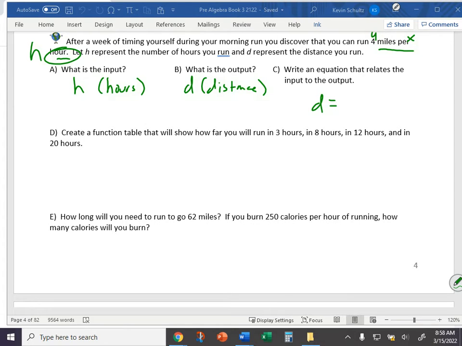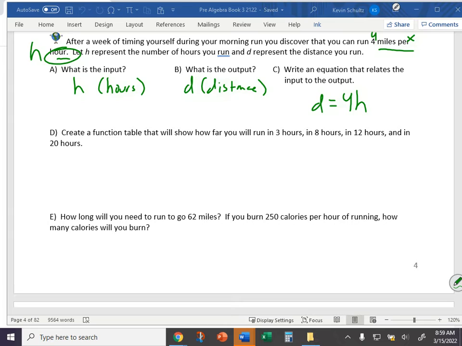The total distance that we'll run can be calculated by multiplying 4 times the number of hours we run. 4 miles per hour. If we run for 1 hour, 4 times 1, we'll have run 4 miles. If we run for 2 hours, 4 times 2, we'll have run for 8 miles. Okay? So that word per, you can also think of each or every, very important. And all 3 of those mean that we are multiplying.